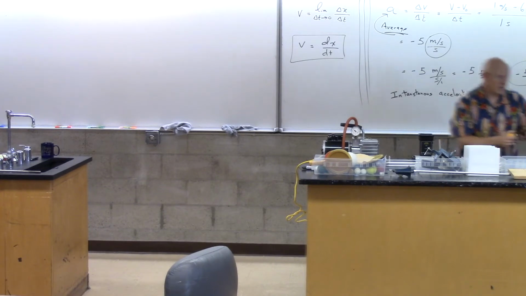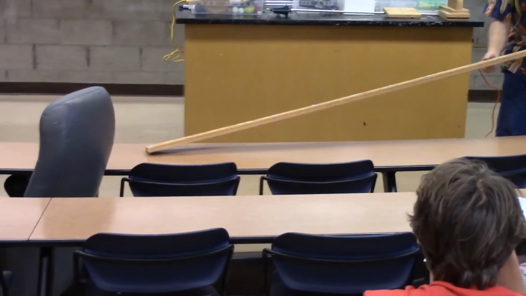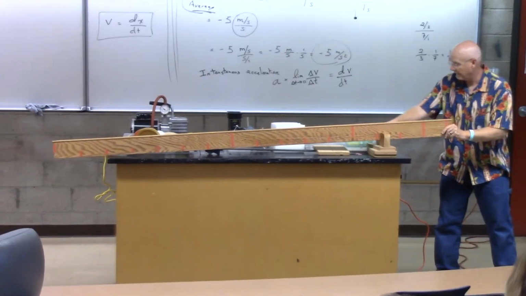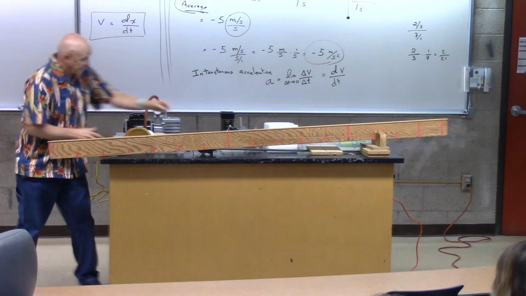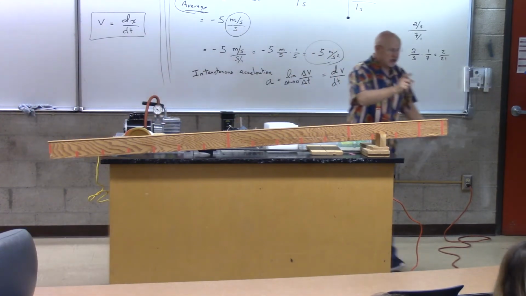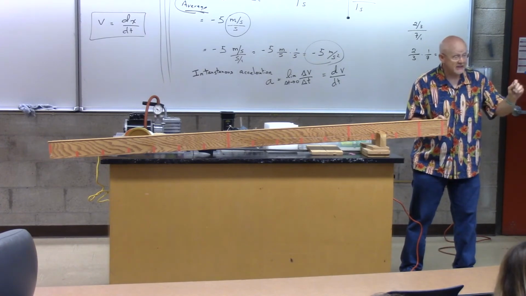In fact, maybe this would be a good time, even before we've done the math, to jump back to this one and roll this down the hill again. And I'm going to give you the number here. The acceleration for this is 30 centimeters per second each second.